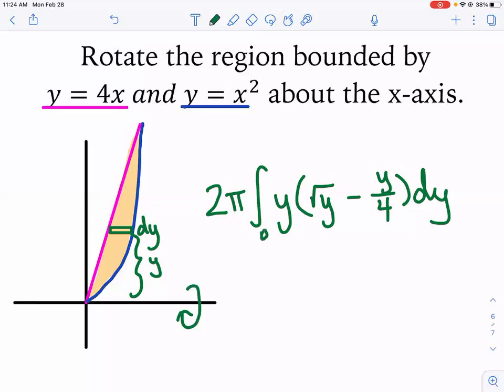Obviously 0, but what's this coordinate right here? 4, comma, 16.